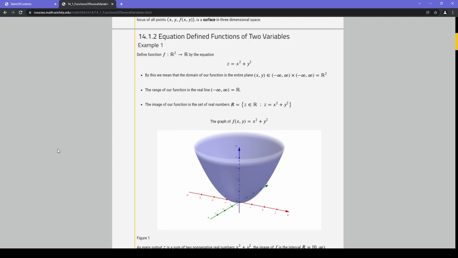Okay, there are simple things that I expect you to be able to graph or know what the graph looks like without doing any work. Okay, this is an example of such a function.